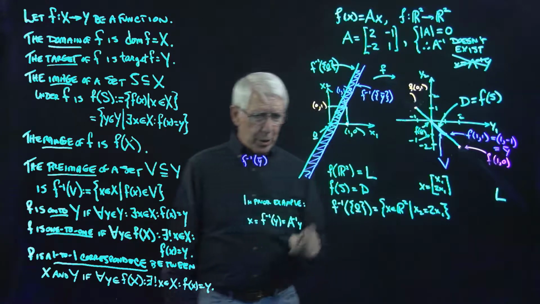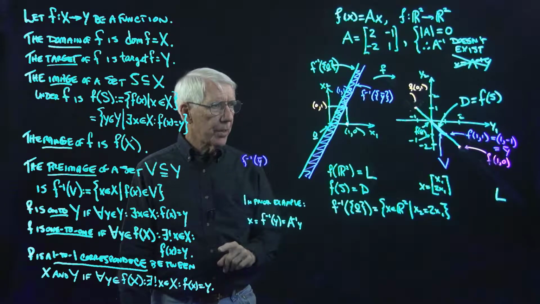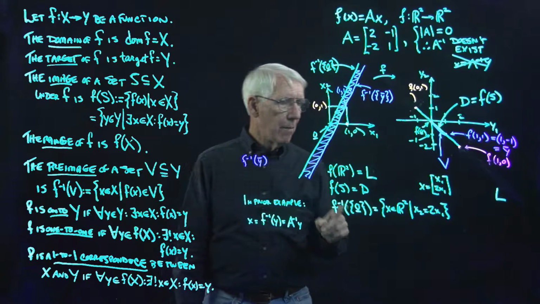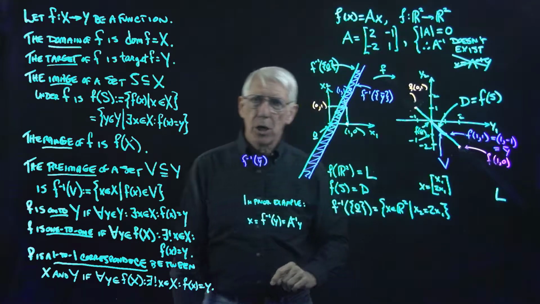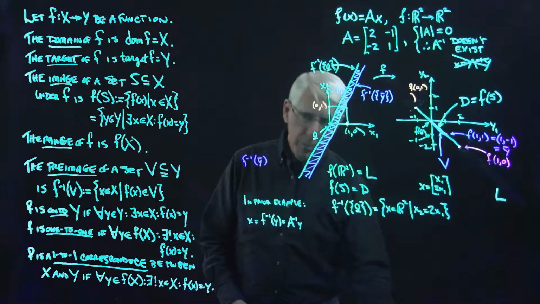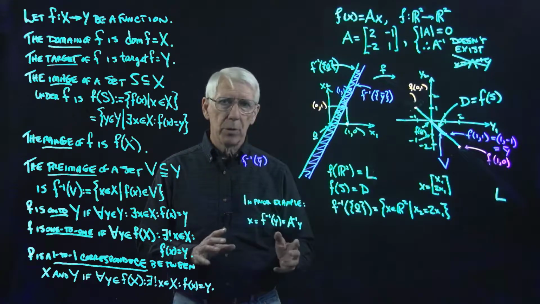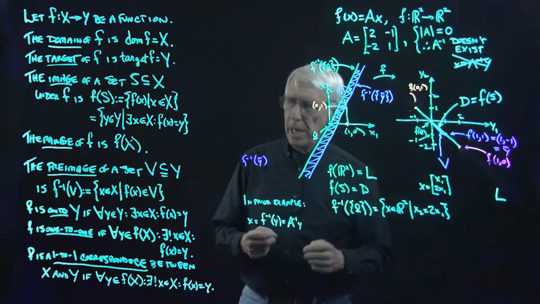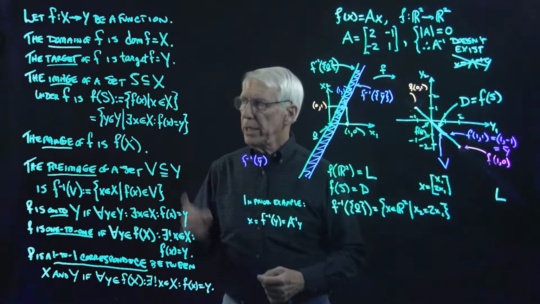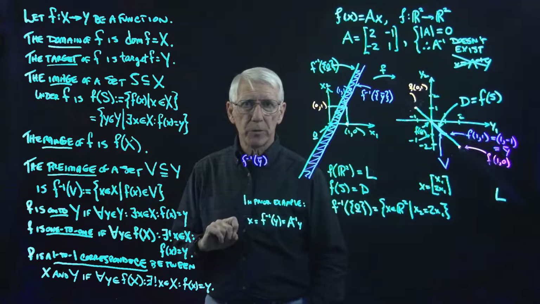I don't think there is anything else that I need to say about this example. So this means that we've pretty much done a sequence of examples that, taken together, give us, I think, a pretty good idea about how these ideas work.